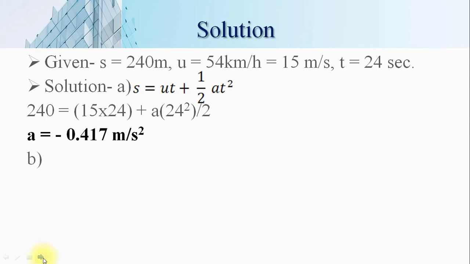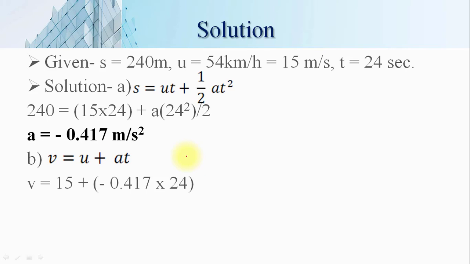Next we are asked for the velocity with which it will cross the signal. For velocity we have another equation, v is equal to u plus at. Even the remaining equation, v square is equal to u square plus twice as, can also be used, because there a, s, u are all known.